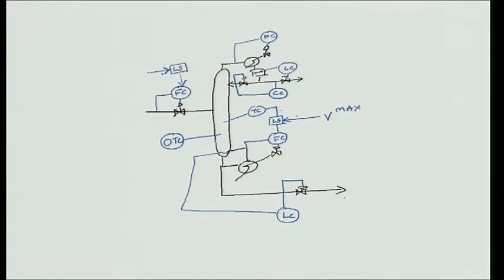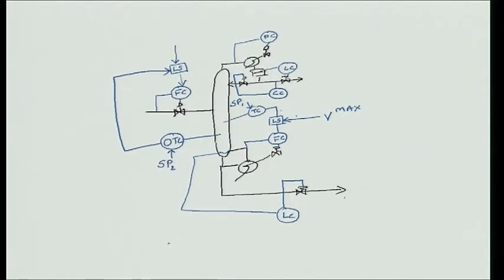This is the operator setting the feed, or an upstream process setting the feed, and the other signal to the low select is from this. And now the set point of this temperature controller is SP2, and let us say the set point of the other controller is SP1.